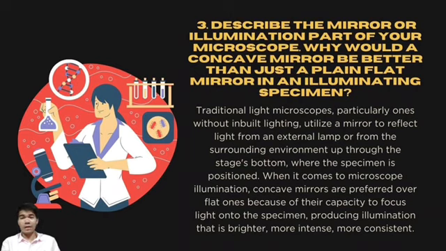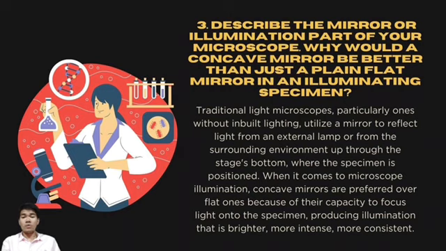The answer is that traditional light microscopes, particularly ones without inbuilt lighting, utilize a mirror to reflect light from an external lamp or from the surrounding environment up through the stage's bottom where the specimen is positioned.